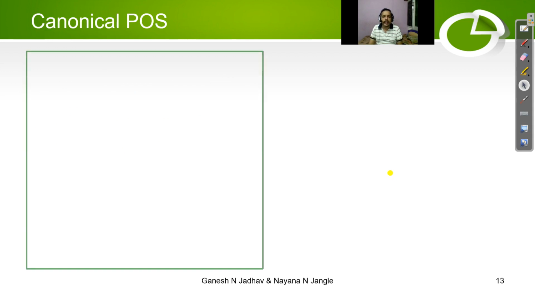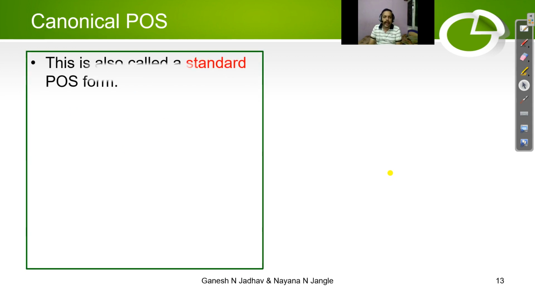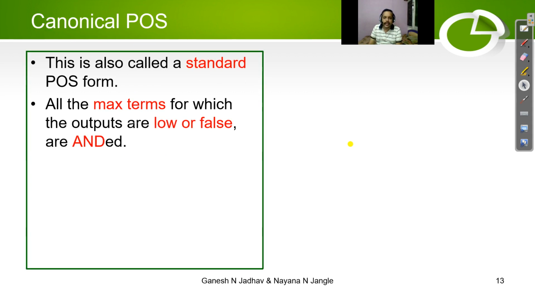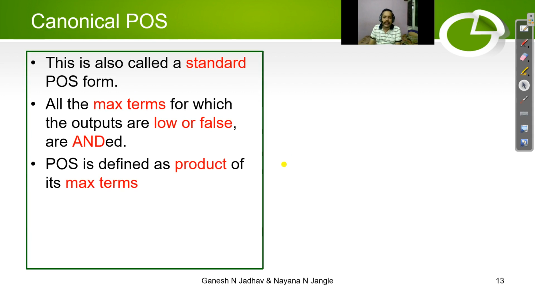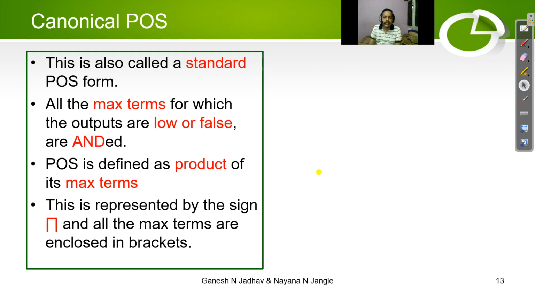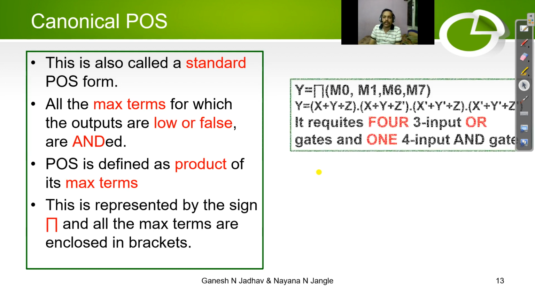So let's see what is this canonical POS. The canonical POS is also called the standard form of the POS. Here all max terms for which the output is low or false are ANDed. POS is defined as the product of its max terms. This is represented by the sign pi and all max terms are enclosed in brackets. See here, for M0, all 3 inputs are taken.